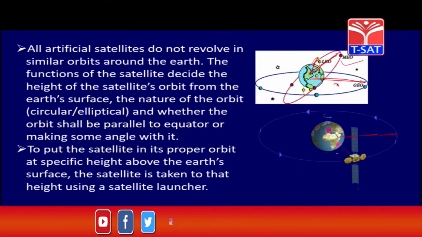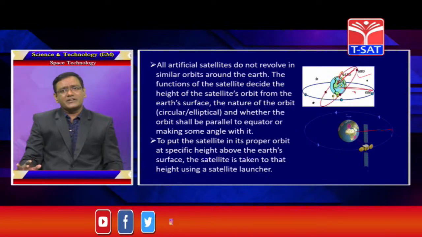In order to do that, we use a satellite launcher. A satellite launcher is like a car that takes us from one place to another. Like that, the launcher will take the satellite and keep it there, and it will either come back or we will destroy that launcher there itself.